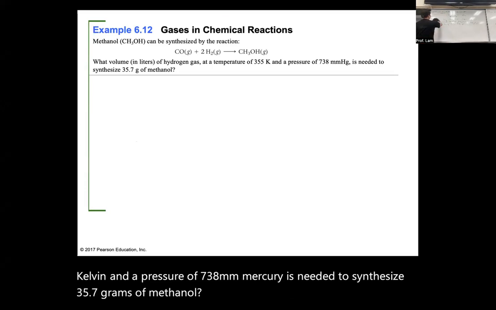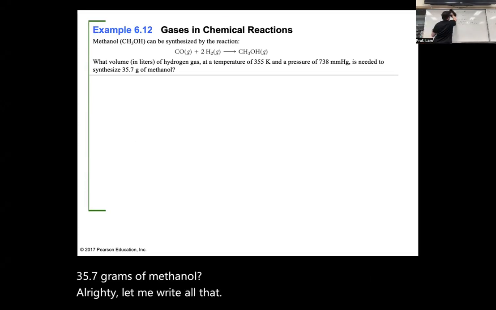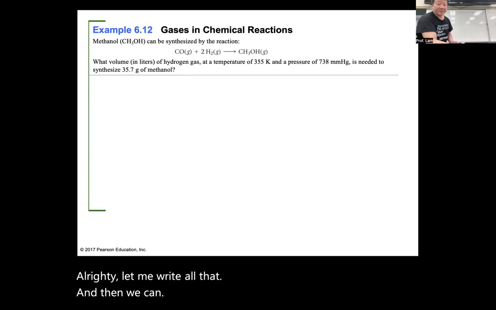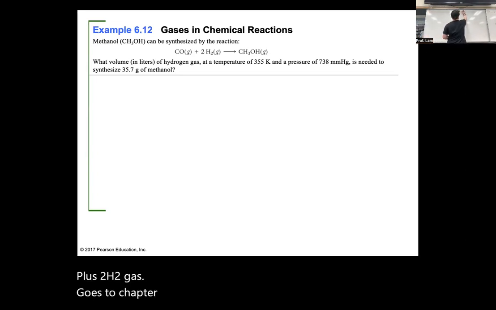Let me write all that, and then we can solve. So, the equation is CO gas plus 2H2 gas goes to CH3OH gas.